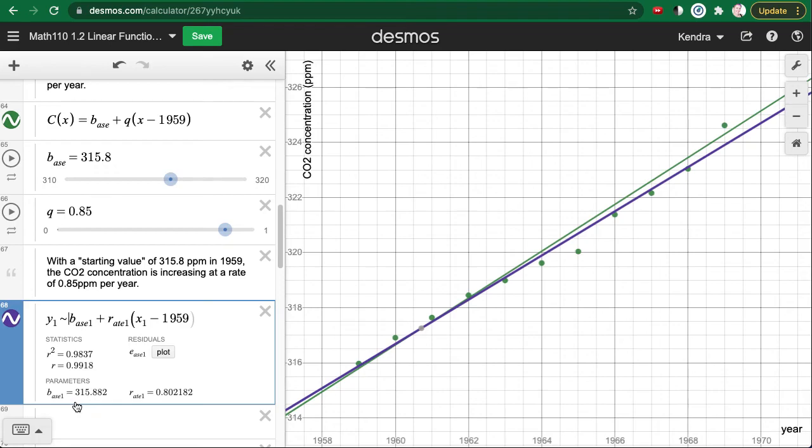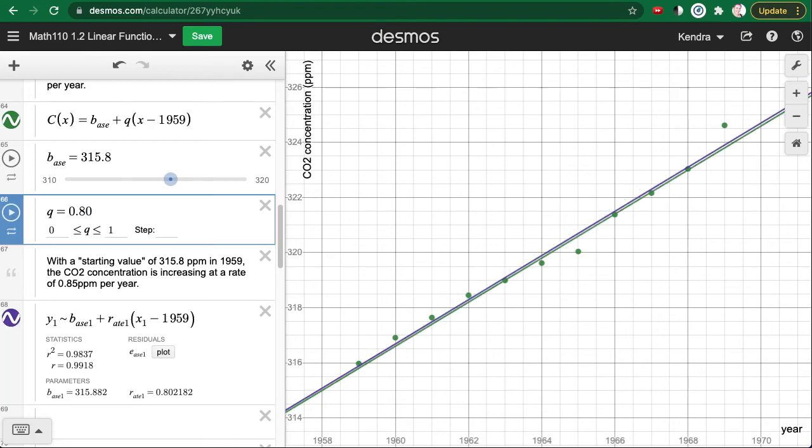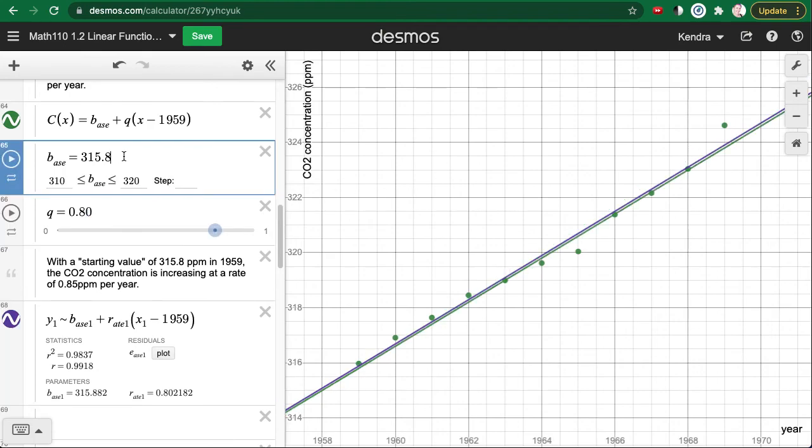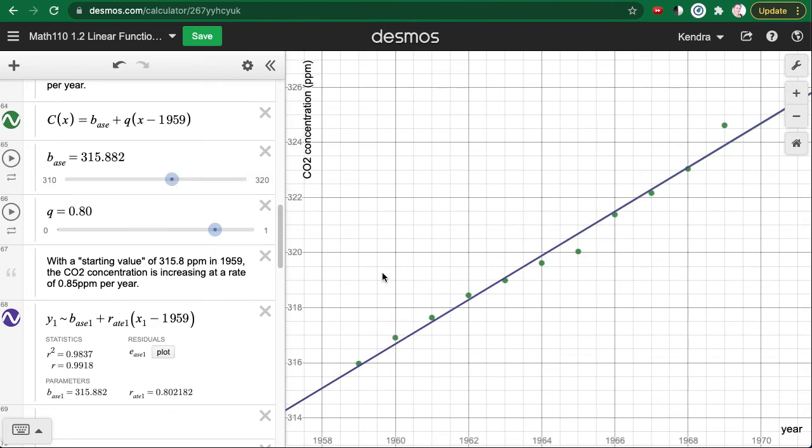Okay, now this tells me that my base level should be about 315.882. That is very close to what we found just by eyeballing it. But the rate of increase, according to the best fit model, is about 0.80, which is less than what we had. So 0.80 is closer, and this is a better fit than what we had.